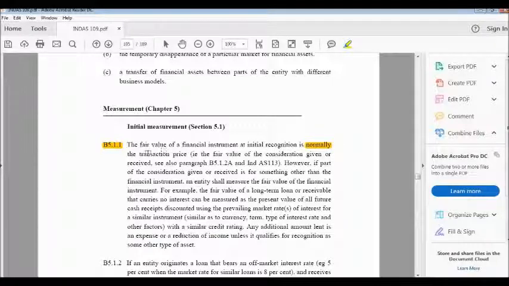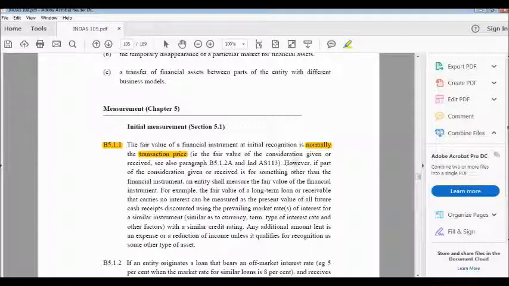So whatever the transaction price is, usually that is the fair value. When you acquire or transact a financial instrument with another entity, the transaction price will be the fair value in most cases.